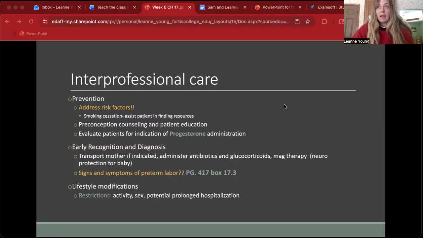So, if a woman has had a preterm delivery in the past, they are going to be a candidate for progesterone treatment during subsequent pregnancies. That is going to be completely up to the provider. It's going to be based on the surrounding factors of why that woman had gone into preterm labor with her last delivery. Okay.